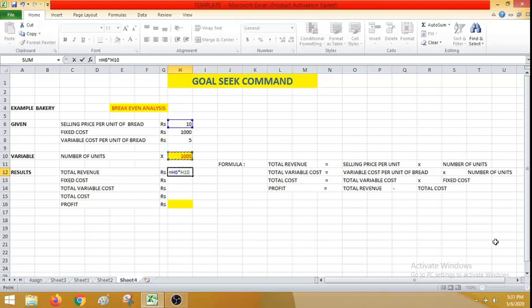So the total revenue, if you sell 1000 units on a day, is going to be 10,000.